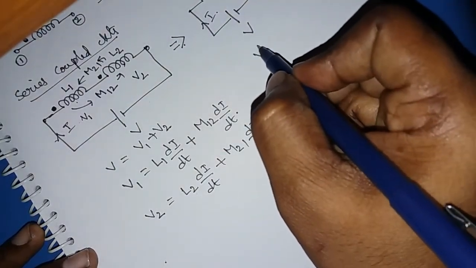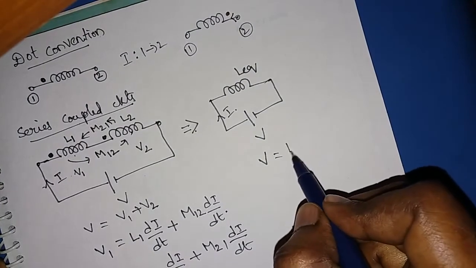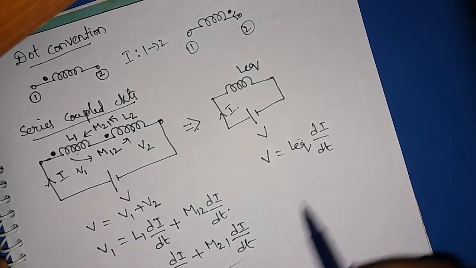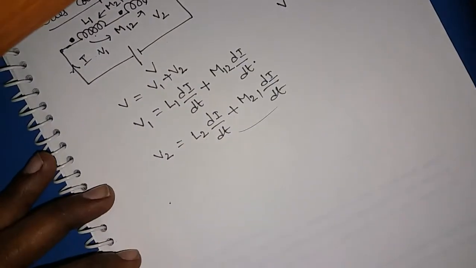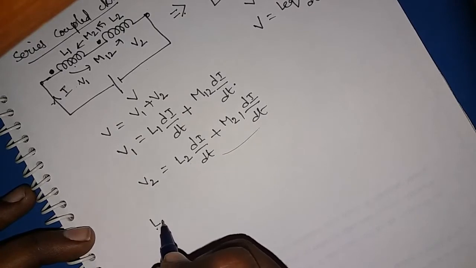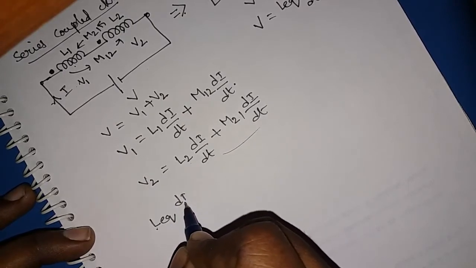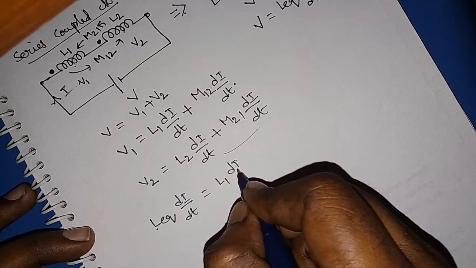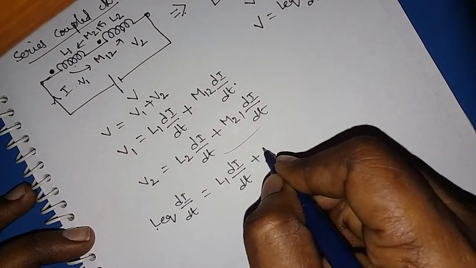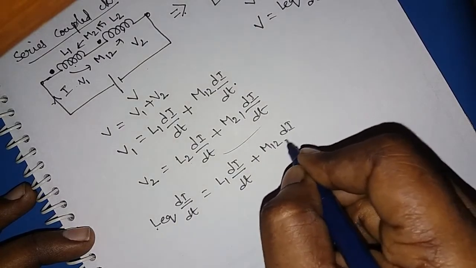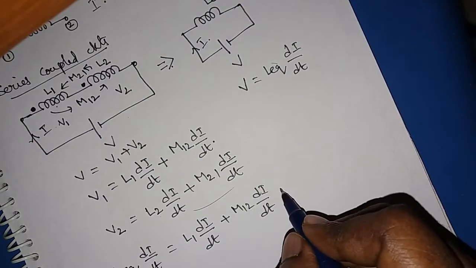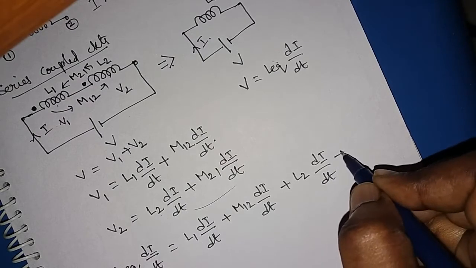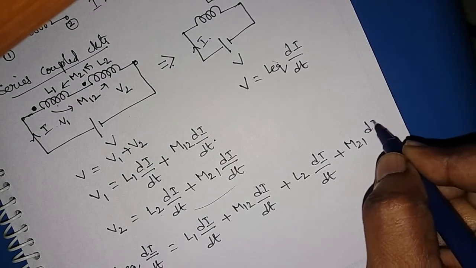Now from this, what is V? V is equal to L equivalent into di by dt. Now if I substitute these three equations in this equation, then I will get L equivalent di by dt is equal to L1 di by dt plus M12 di by dt plus L2 di by dt plus M21 di by dt.